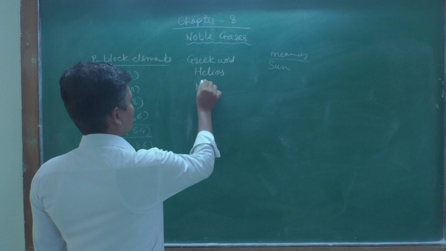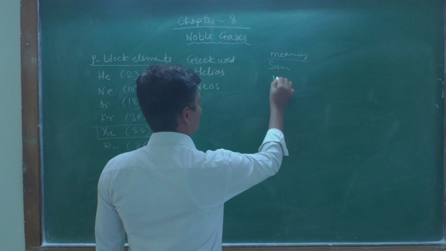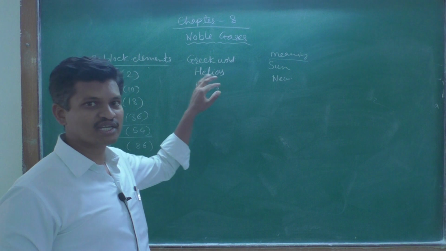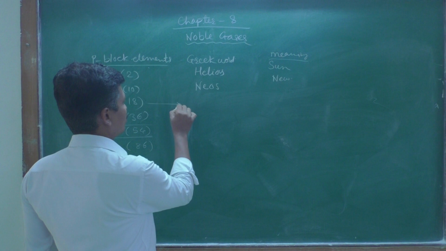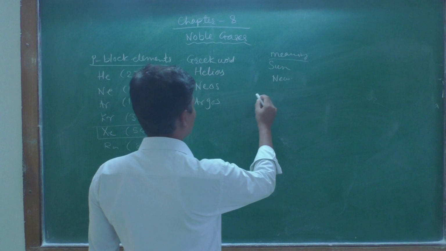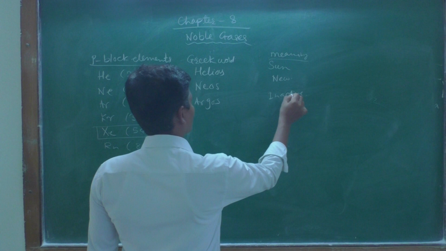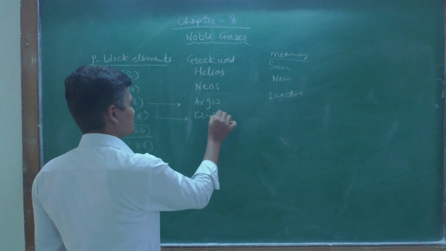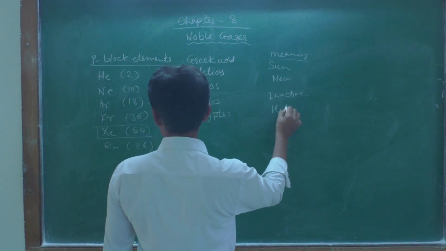Then neon. The Greek word is neos, which means new. The neon element was new at that time, so it is named neon. Argon is derived from argos, and the meaning of argos is inactive. Then krypton is derived from kryptos, and the meaning is hidden.